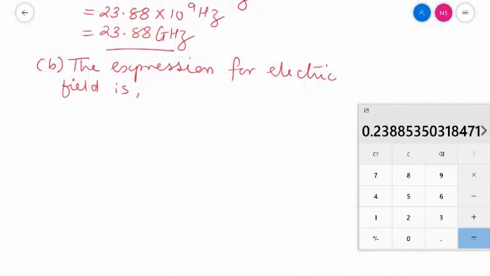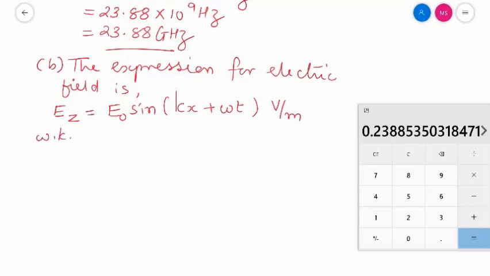Let us solve first. So the expression will be E of z equal to E naught sine (kx plus omega t). Here k and omega we already know, and we need to find E naught. From the relation of electric field and magnetic field, we get E naught over B naught equal to c, which implies that E naught will be equal to B naught into c.